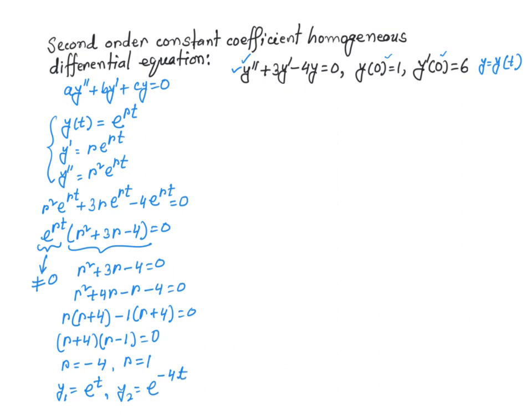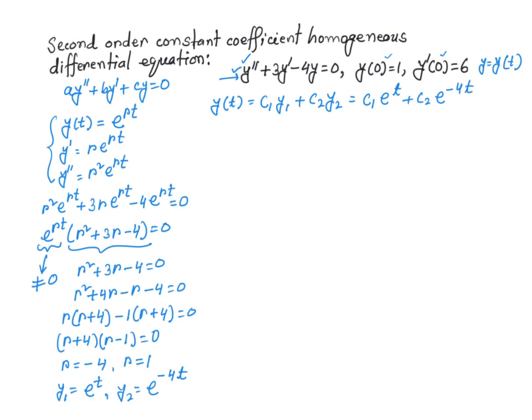Now my general solution, or family of solutions for this equation is going to be y of t is equal to c1 y1 plus c2 y2, that is going to be c1 e to the power t plus c2 e to the power negative 4t.